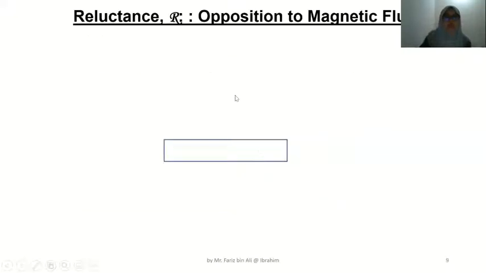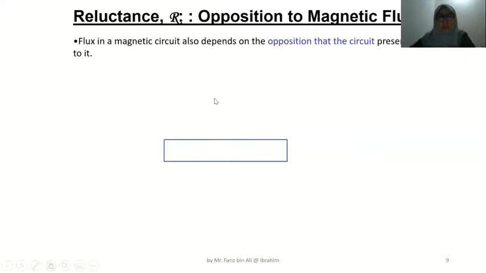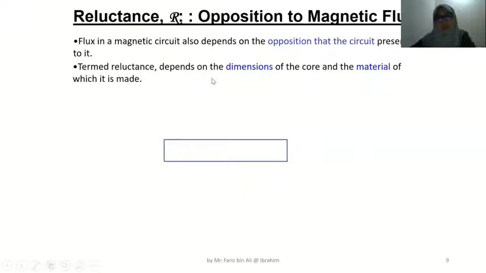And then, what is reluctance? These are the properties that you will see inside your magnetic circuits. Reluctance, represented by the italic R, is the opposition to the magnetic flux. The flux in a magnetic circuit depends on the opposition that the circuit presents to it, and the term is reluctance. It depends on the dimensions of the core and the material from which it is made.